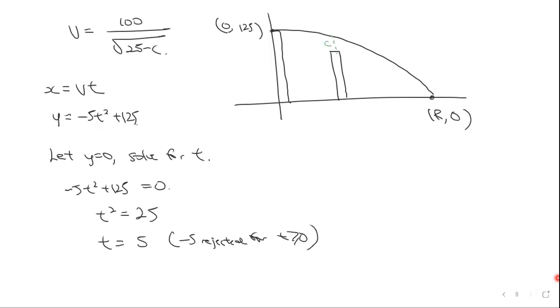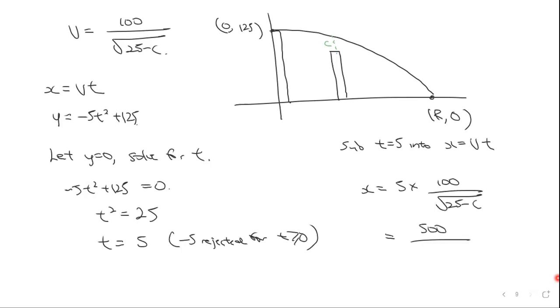So we now know that it takes the projectile 5 seconds to land, but then we just sub t equals 5 into x equals vt, which means x must equal 5 times 100 over the square root of 25 minus c, meaning it's 500 over the square root of 25 minus c, and therefore r must equal 500 over the square root of 25 minus c.